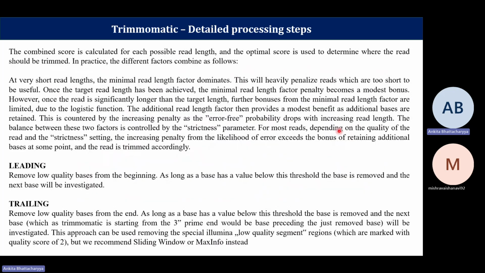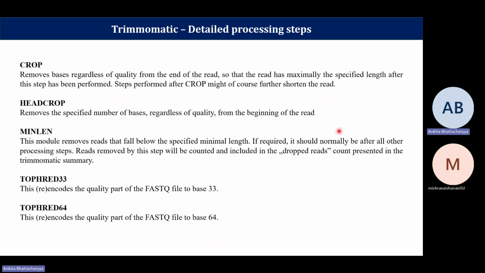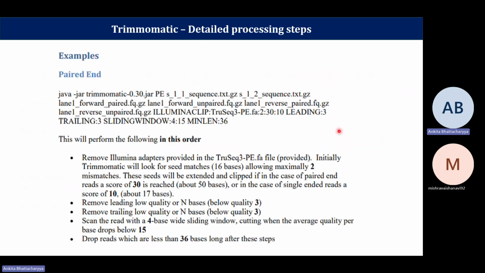Time has passed by a lot. Then we talked about leading and trailing as well. We talked about crop, head crop, min length, and so on. This was one example code we had taken to show how you can use it if you are running it on a Linux system.